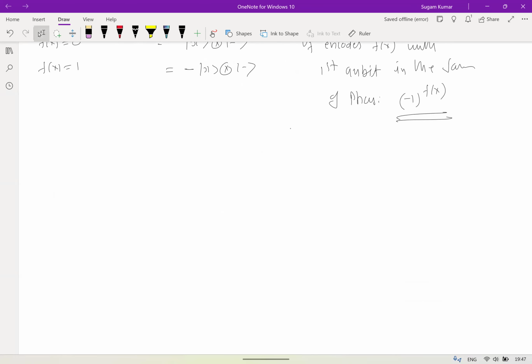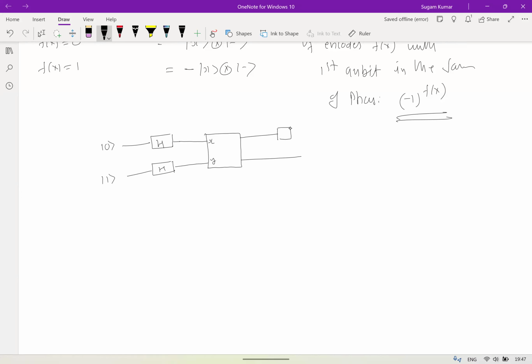Now, coming back to our diagram, which we had. It was H, or maybe I can simply say this is the 0 and this is 1 also. That's also fine. And this is X and this is Y. And here what I'm getting now.